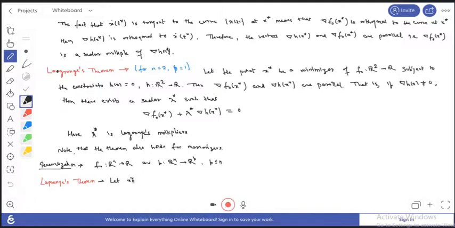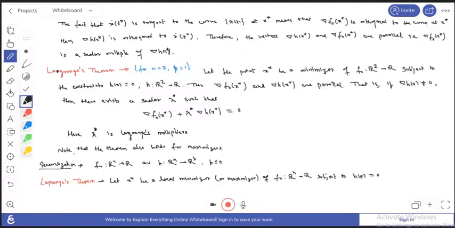Let x star be a local minimizer or maximizer, anyone, of the objective function from Rn to R, subject to the constraints that h(x) is 0.